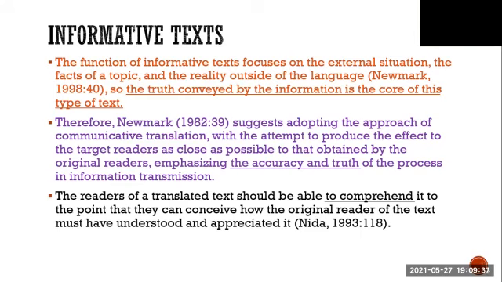So it should make the reader of the target language understand how the original reader must have understood this text or must have responded to this text. So informative texts, you need just to transfer the information as accurately as possible, okay? And you can do that in a communicative way.